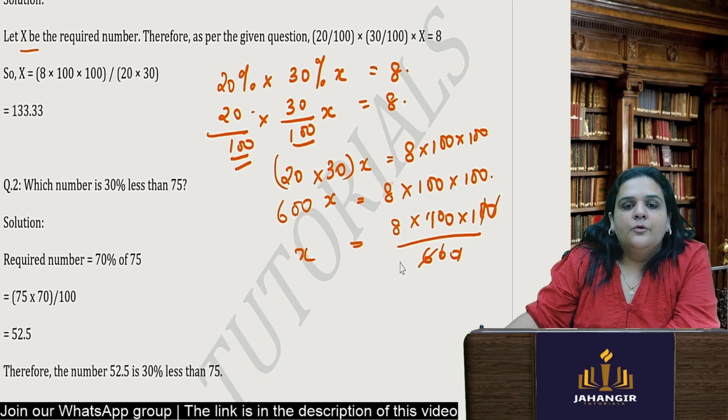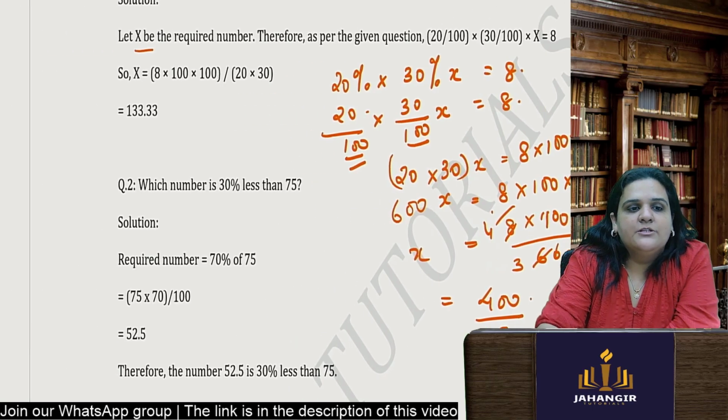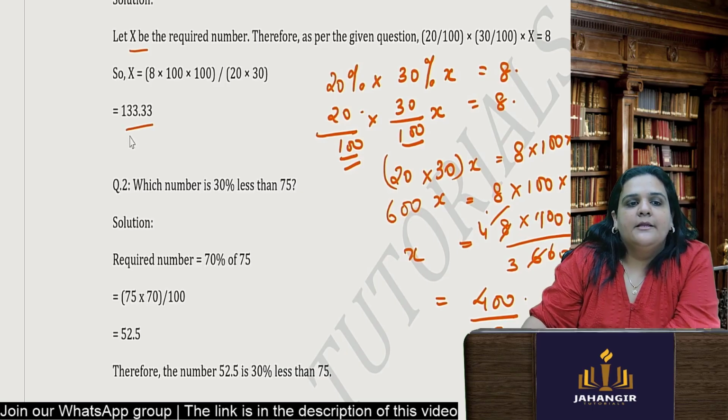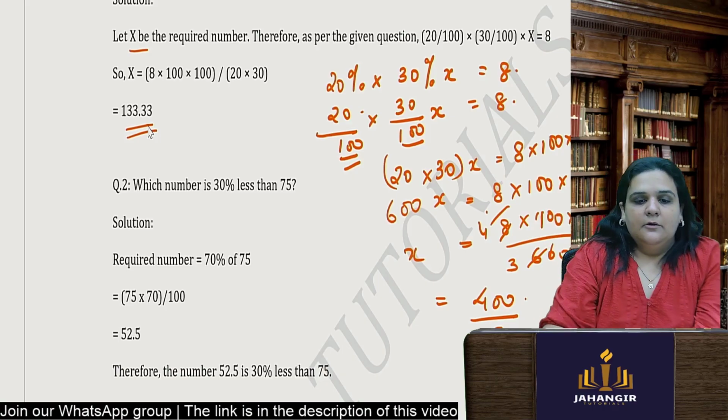Two 3s are 6, 2 4s are 8, so you have 400 divided by 3. When you solve this, you will get the answer in decimal form, which is 133.33. Okay.